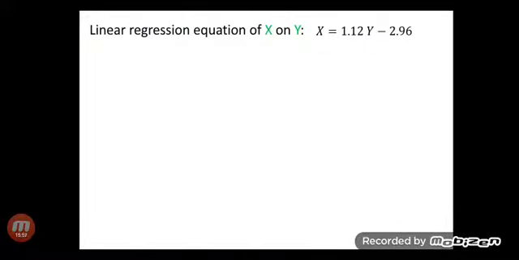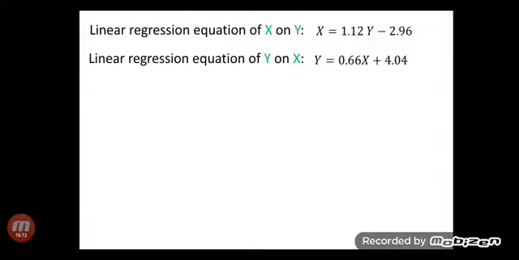So the linear regression equation of x on y is found as x is equal to 1.12y minus 2.96, and the linear regression equation of y on x is found as y is equal to 0.66x plus 4.04, where the standard deviation of x is 4 and the standard deviation of y is 3.07.